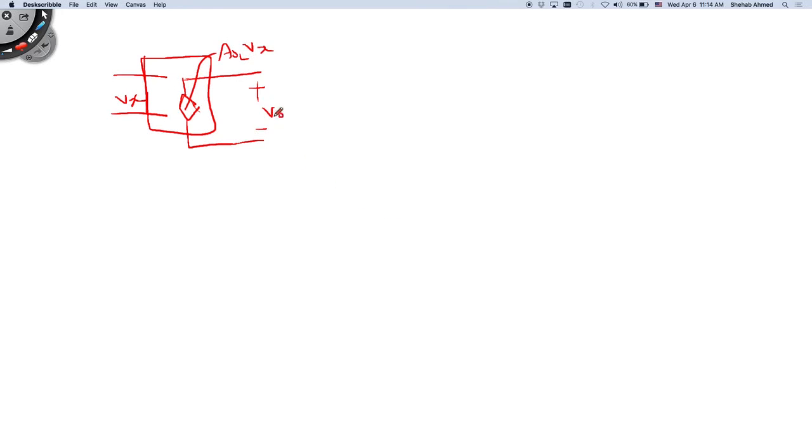So if I try to pull more current from this circuit to feed my load, for example, is my output voltage going to change? What is the output voltage equal to? Equal to the open loop gain multiplied by Vx. This is what V output equals as we know it.